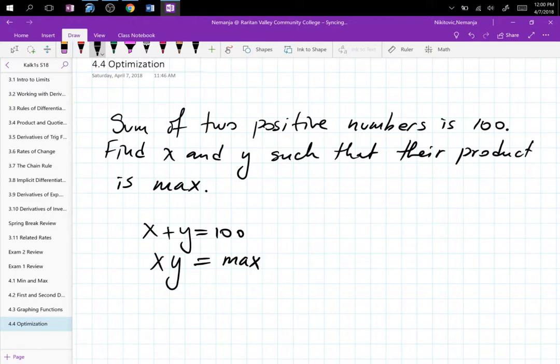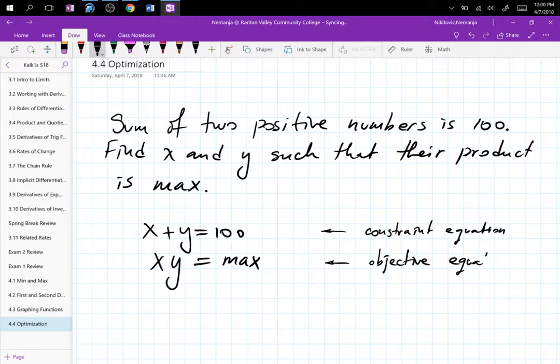We just set up our problem. This equation is called the constraint. And this equation is called the objective, the one that has min and max in it. Done.